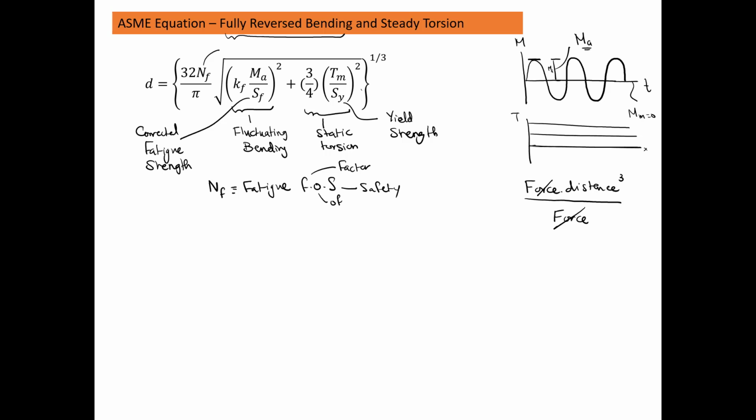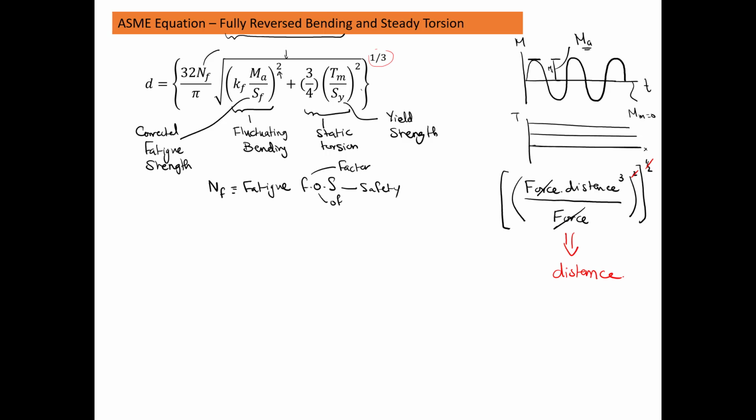And then you have square and then square root, so square it and then raise it to 1/2, so the square and square root cancel. And then we have cube, and then all that is raised to 1/3, so that's going to give you the unit of a distance. So if you're doing SI, it's going to be in millimeters. If you're doing English units, it would be in inches, feet, etc.